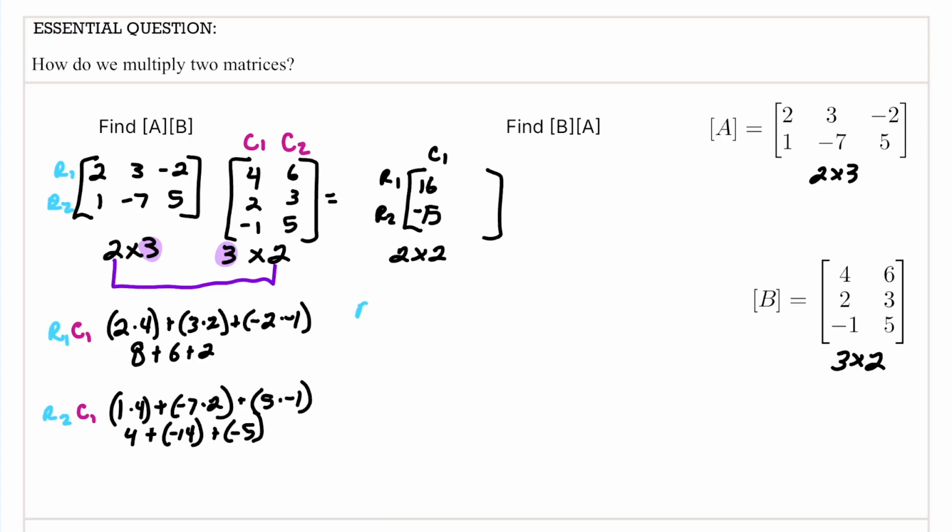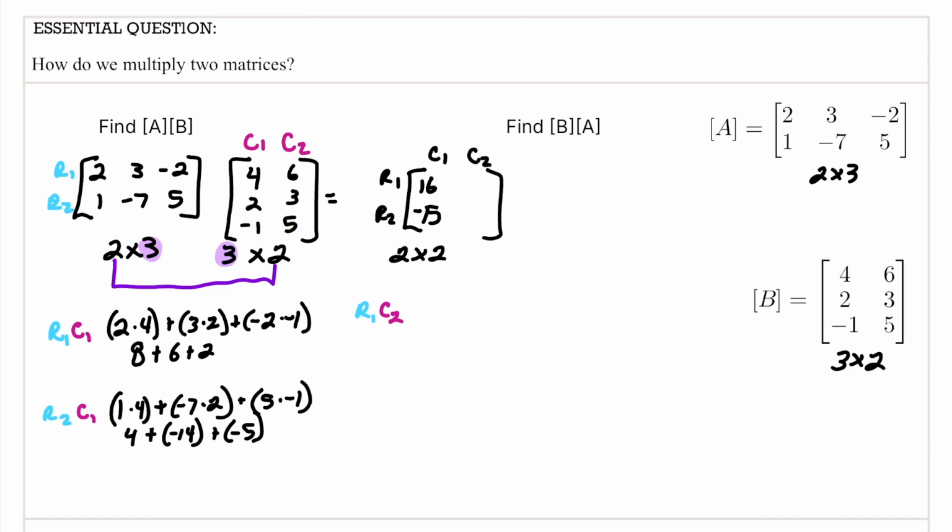Now we're going to do row 1 by column 2. That's going to give us this entry. So now we're looking at row 1 by column 2.